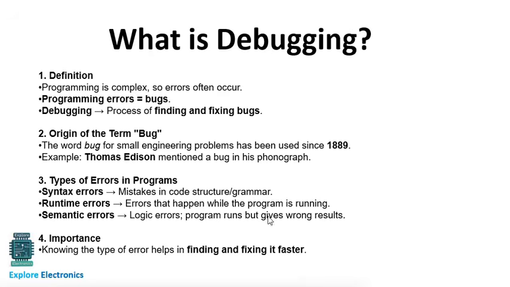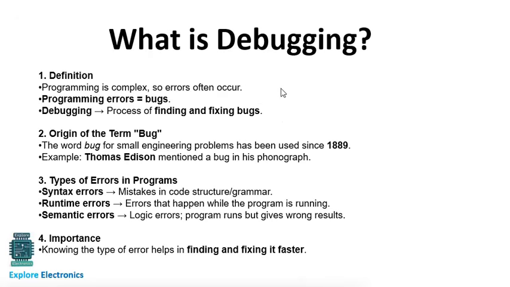Got it? If the program code is very complex, then errors will occur. Programming errors are called bugs. Whenever an error occurs in the program, that is called a bug. Very clear. And debugging means the process of finding that bug and fixing the bug. Very simple.